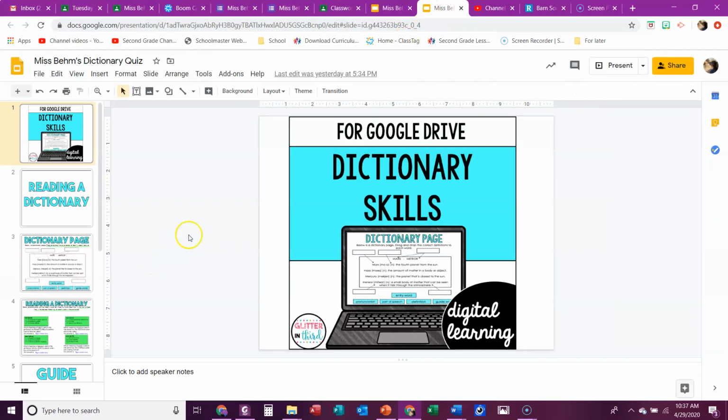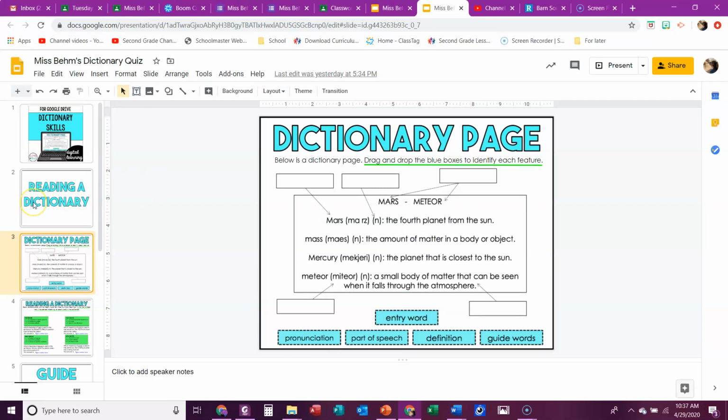Your other thing that you're going to do today is your dictionary skills quiz. Okay? So the first part, it says, below is a dictionary page. Drag and drop the blue boxes to identify each feature. So you have entry words, pronunciation, parts of speech, definition, and guide words. Remember, guide words are the part that goes up top that tells you the first word and the last word.